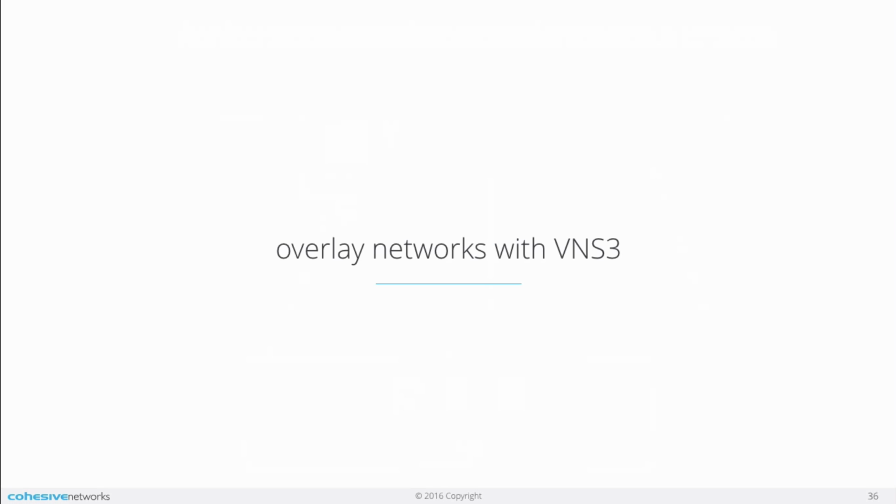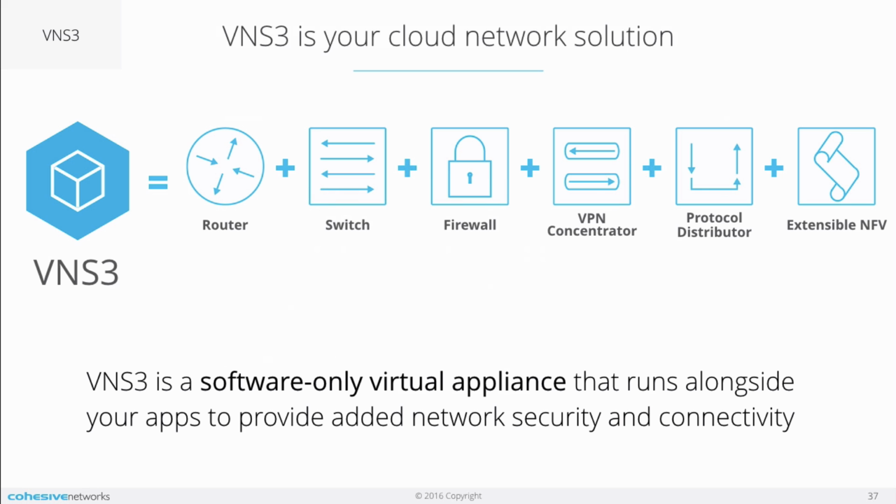Next, let's talk about overlay networks with VNS3. VNS3 is your cloud network solution. It's a software-only virtual appliance. It acts like a virtual router, switch, firewall, VPN concentrator, protocol distributor, and extensible NFV.